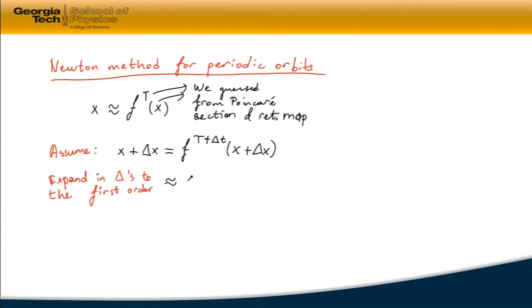So the zeroth order term in the Taylor expansion of f of x plus delta x and T plus delta T is f of x and T, plus partial derivatives with respect to x will give us the Jacobian of the flow.